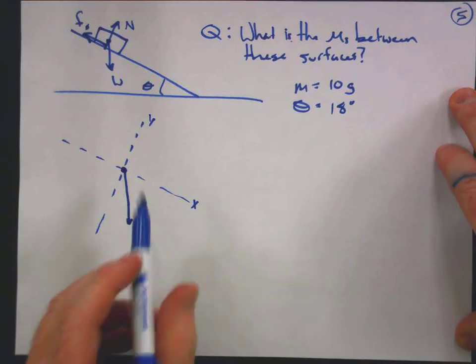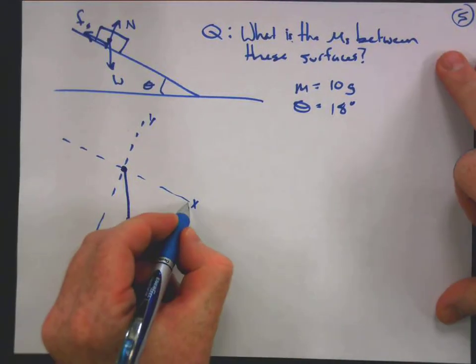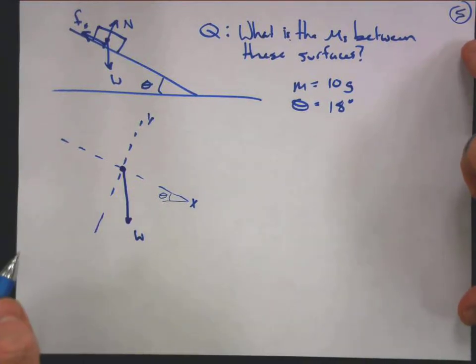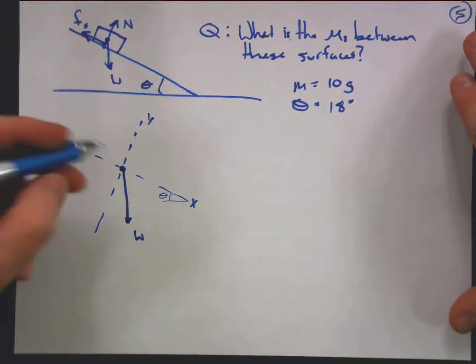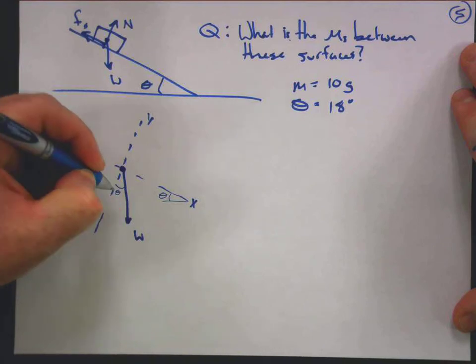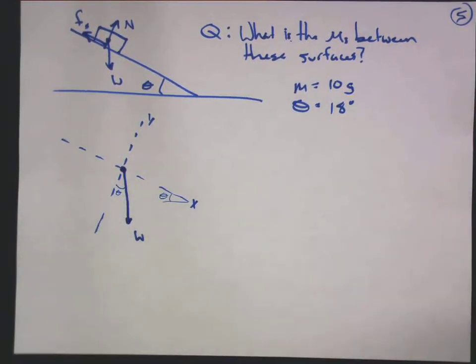And now my x-axis is at angle theta with the horizontal. Okay, that's important to realize. And because of the way things rotate in my diagram, there's angle theta between the negative y-axis and this weight. So that's important to label.